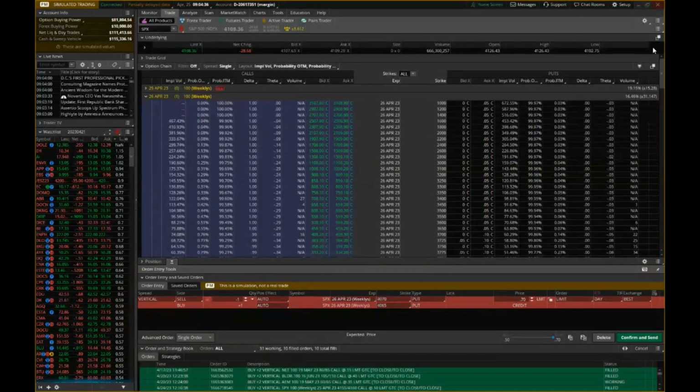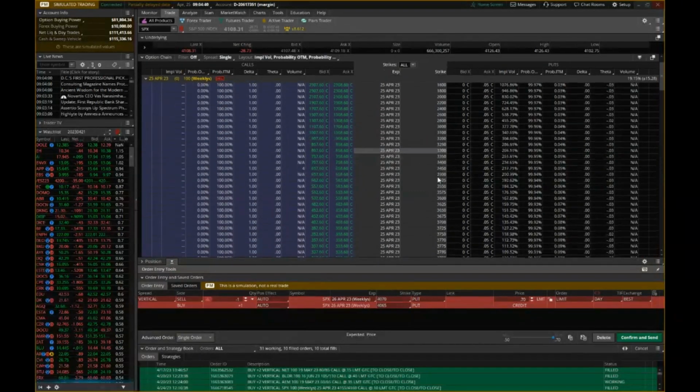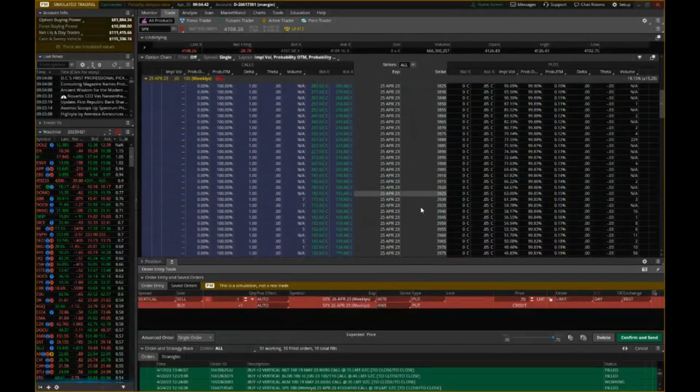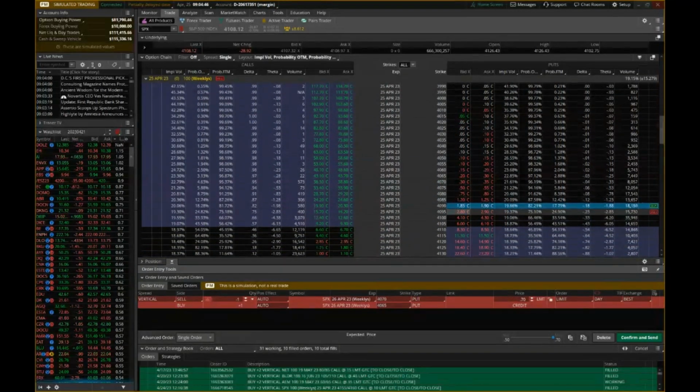Let's see here. On the 40.95 and the 40.90.